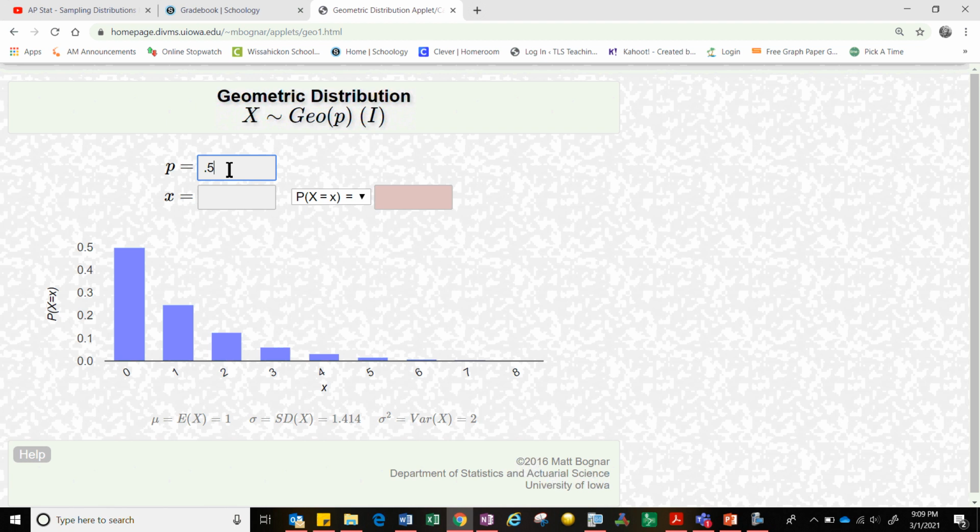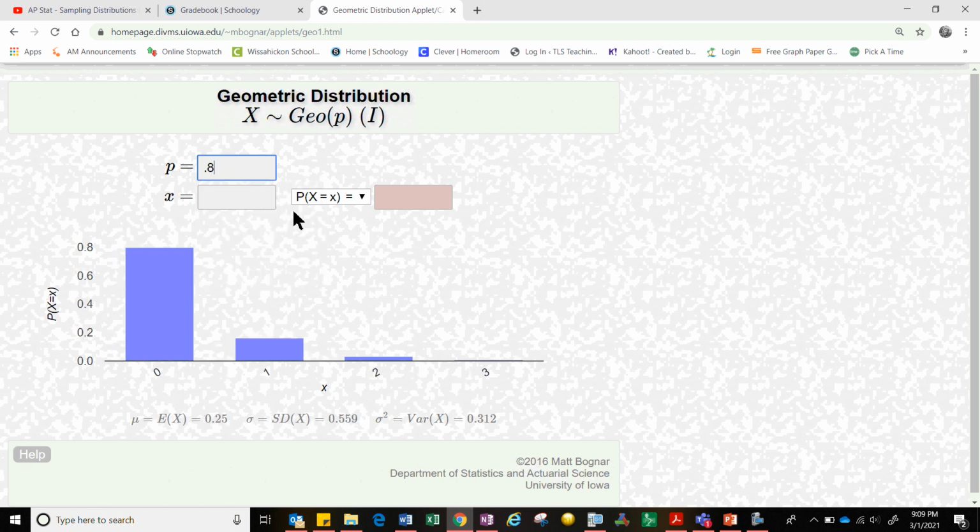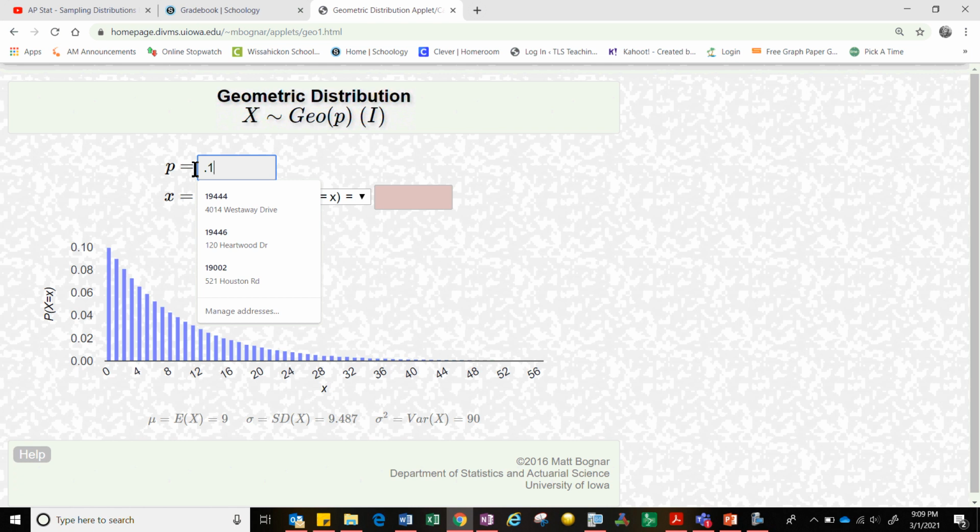So if the probability of success is bigger, let's say 0.8, I would expect my first success to happen sooner. The smaller the probability of success is, the longer it might take to get my first success, right? But eventually I'm going to get a first success.